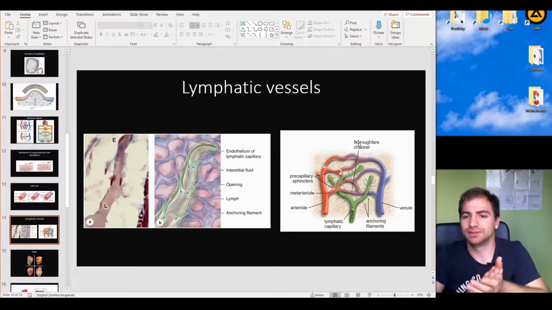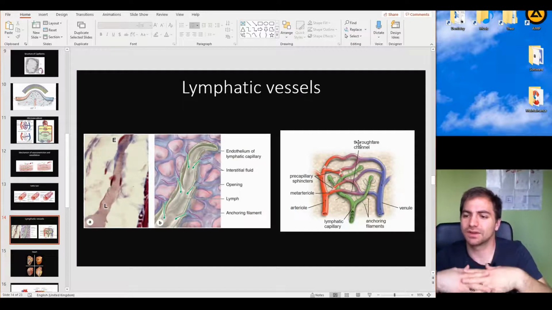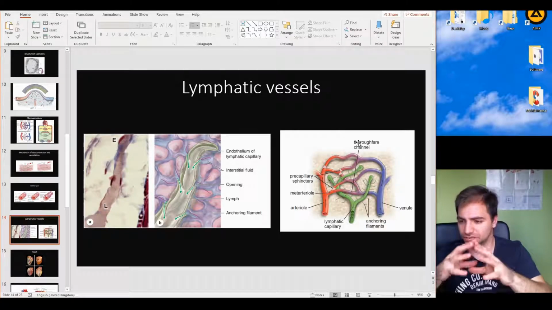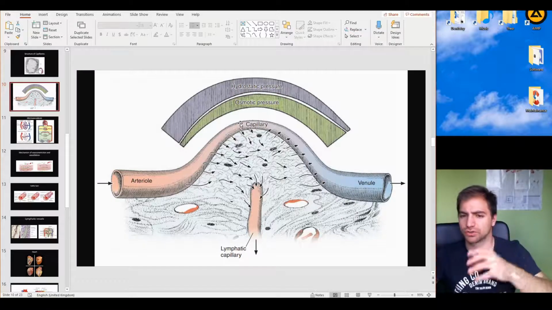Let's talk a bit about the lymphatic vessels, and then we're going to see the structures in the microscope. The definition of lymph is the excessive amount of interstitial fluid coming to a specific area of the tissue. As we saw before in this picture, we have the hydrostatic pressure and the osmotic pressure.